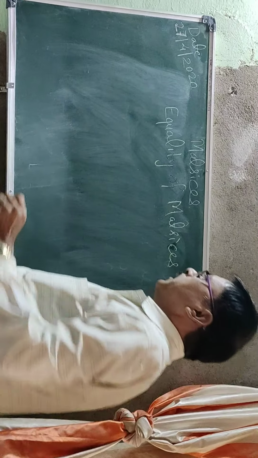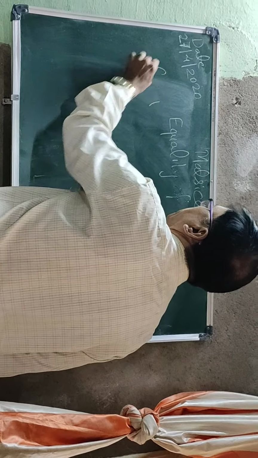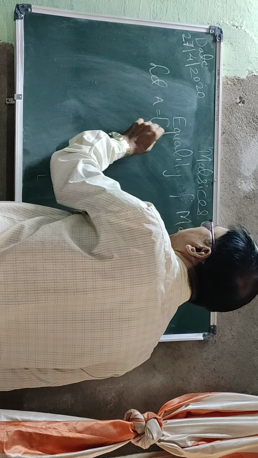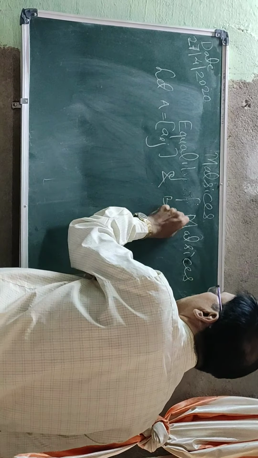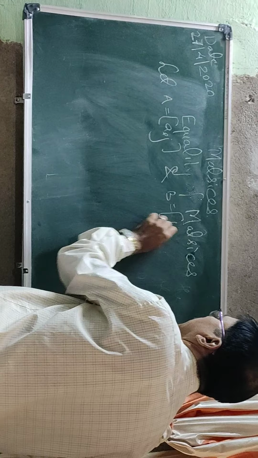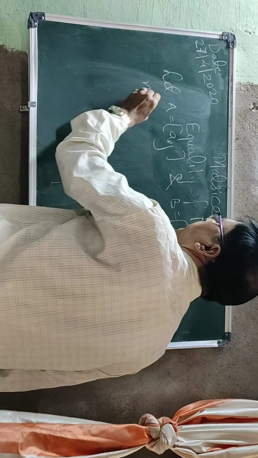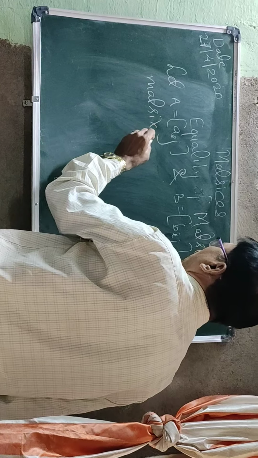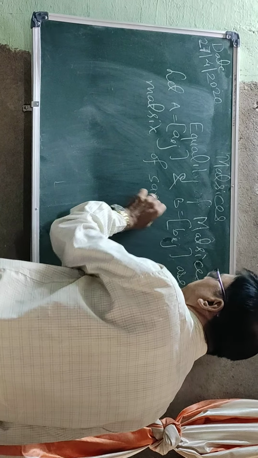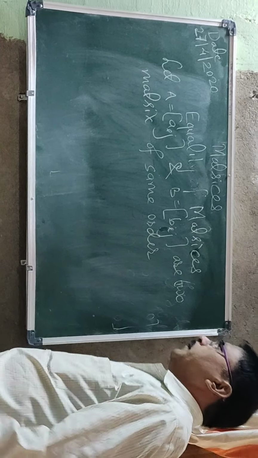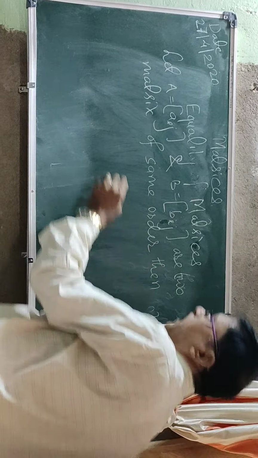For example, let A is equal to Aij and B is equal to Bij are two matrices of the same order, then they are equal if, first one, the two matrices A equal to Aij and B equal to Bij are of the same order.